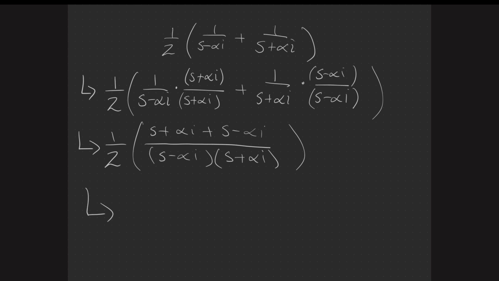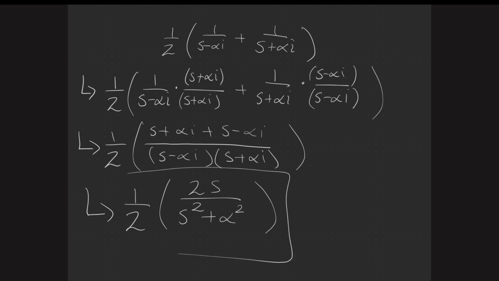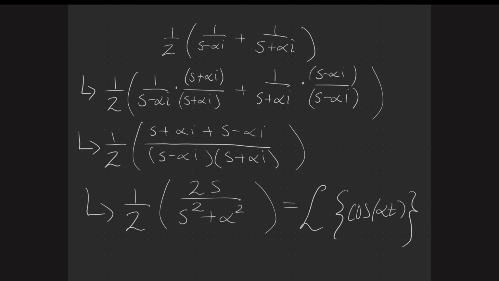That could then be simplified to 1/2 times 2s over s squared plus alpha squared. Also, we can just simplify this to s over s squared plus alpha squared.